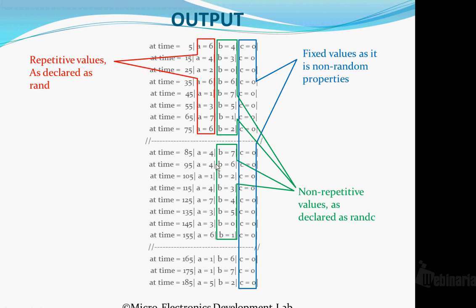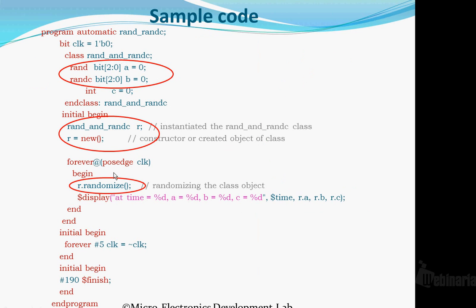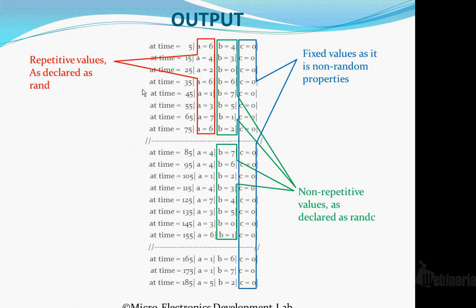This slide captures the output of the above program. At the time column you can see a difference of 10, which is the clock period, since in the above slide I am using the posedge of the clock. Whenever the posedge of the clock appears, the randomize method gets called, and the two random properties will be randomized and take random values.